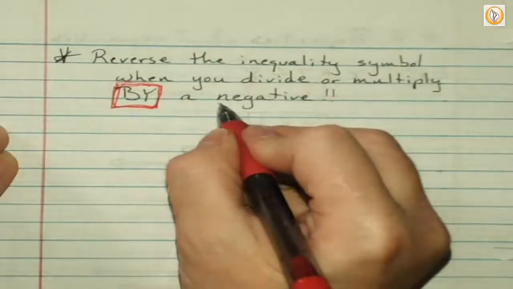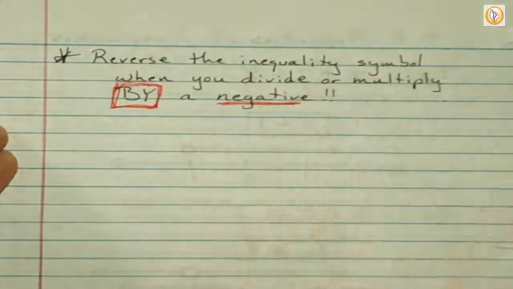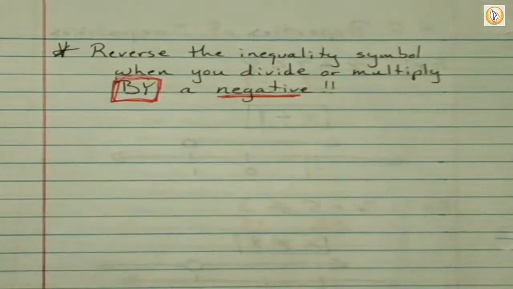So not just when you're dividing or multiplying, or if the other number is negative. It's only if you divide or multiply by a negative. Otherwise, you'll get it wrong.